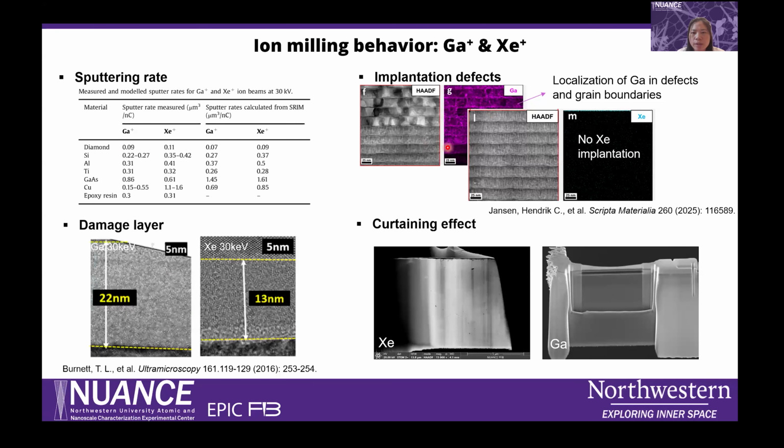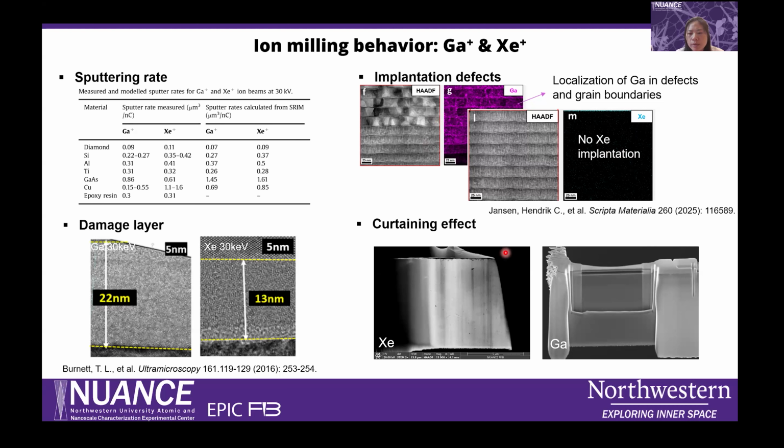Specifically for the aluminum nickel alloy, the gallium seems to localize in the defects and grain boundaries that disrupt the structure, while for xenon we cannot see obvious implantation from the EDS.